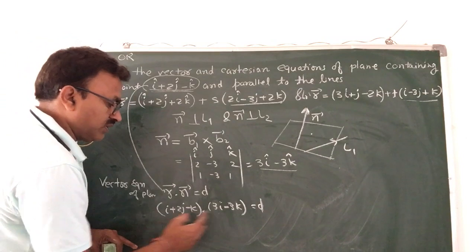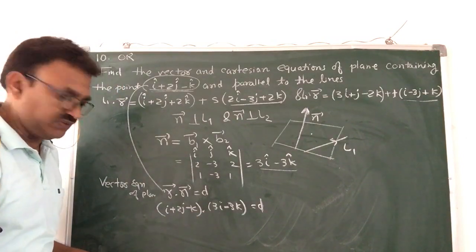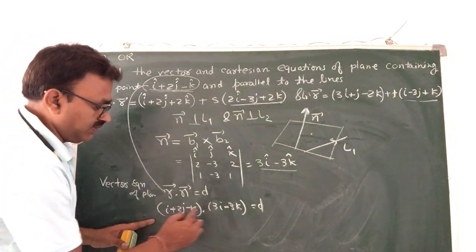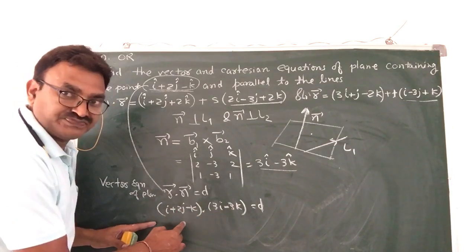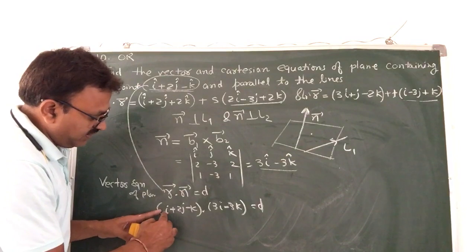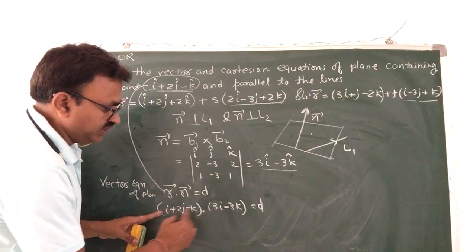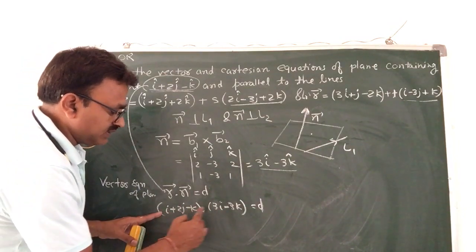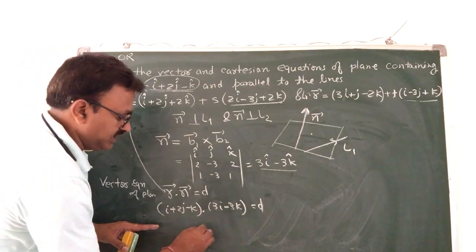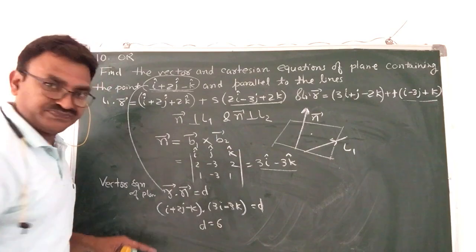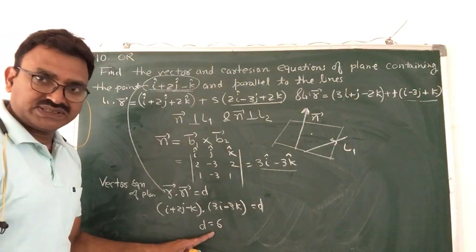Using the dot product, 1 into 3 is 3, 2 into 0 is 0, minus 1 into minus 3 is plus 3, so 3 plus 3 means d is equal to 6.